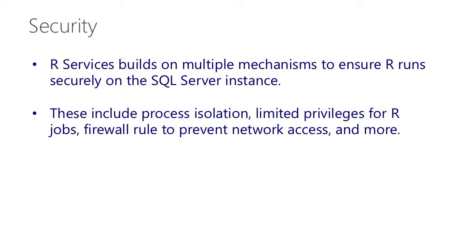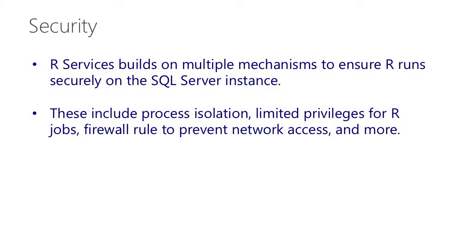Essentially, any R application runs in its own context and cannot talk to other R processes on the box. It runs with very low privileges. Not only that, all the R processes running on the box are behind a firewall, so they are cordoned off from the network also. We did quite a bit of work to make sure it is enterprise-grade security.